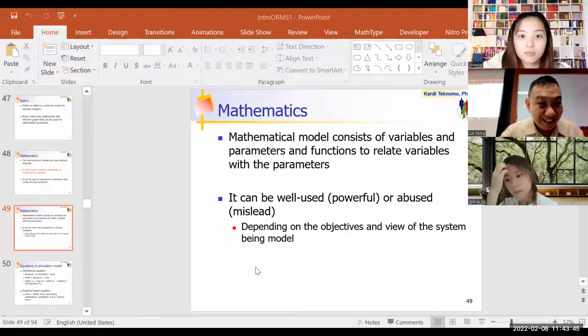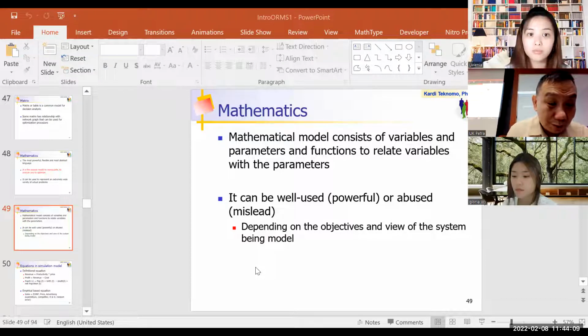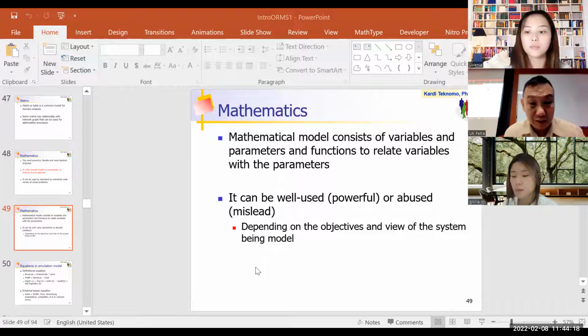Relations between one and the others. It is very powerful and widely used, but because of the power, it can also be abused. It can mislead many people, depending on the objective and system view. So when you say, oh, I'm using mathematics, you can doctor your model, then you can tell lies based on mathematics and statistics. That is abuse of the system.